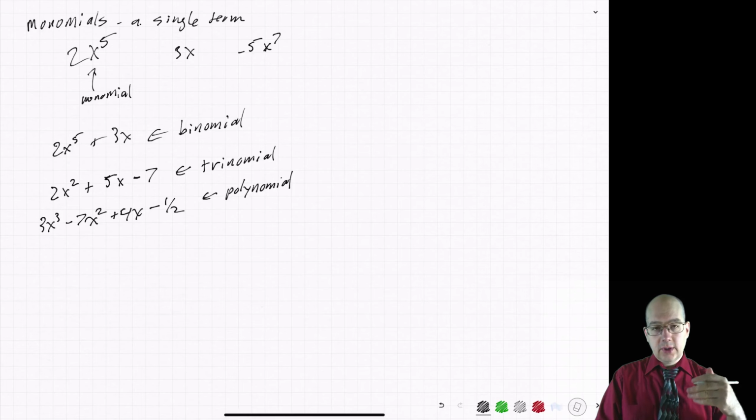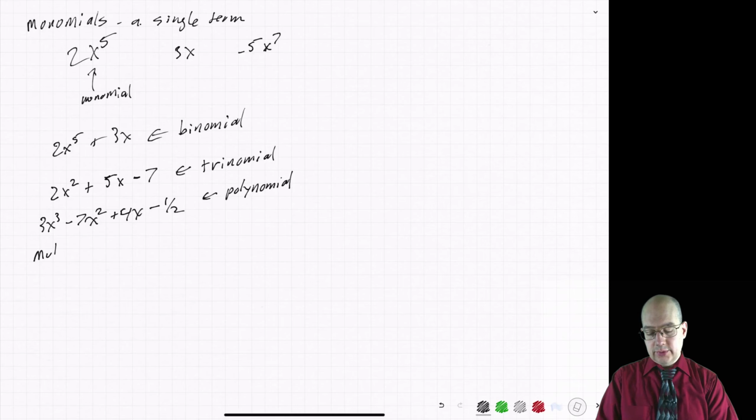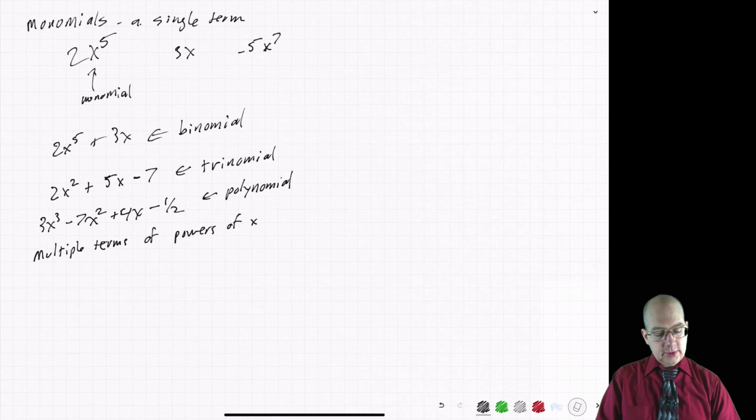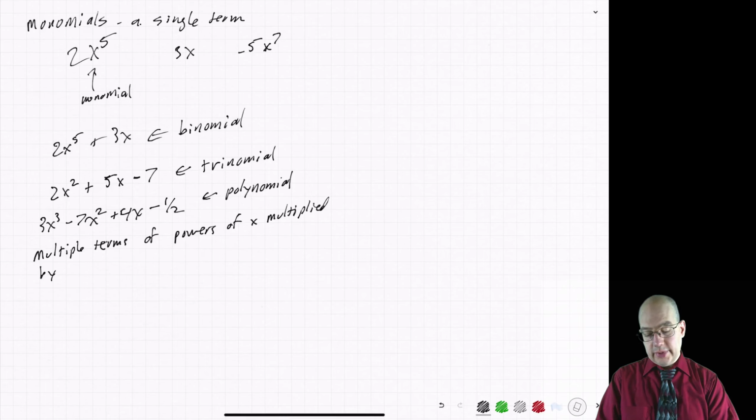So a polynomial is multiple terms of powers of x, I should say, powers of x multiplied by a coefficient.